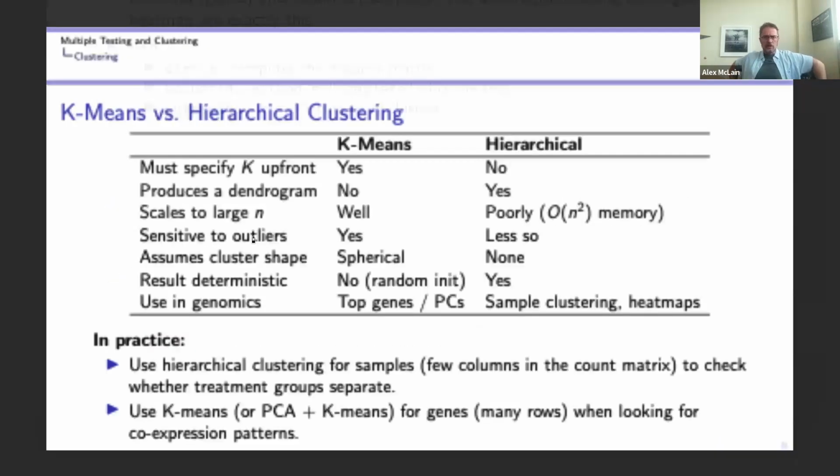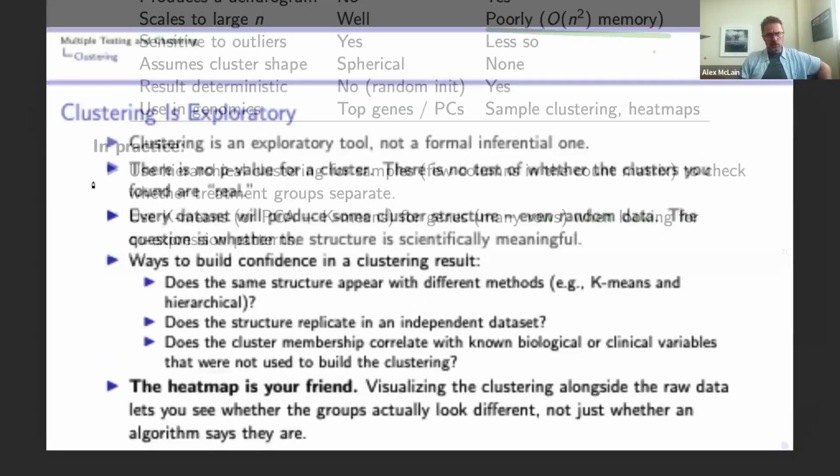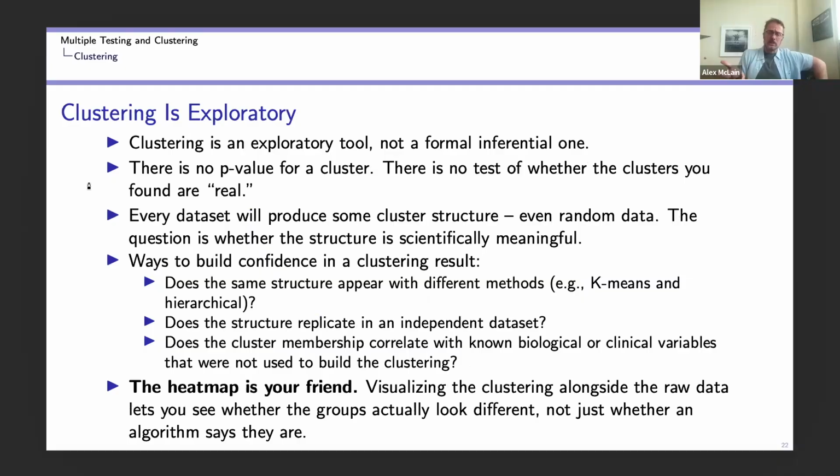Okay, so we're running up on lunch here. Little different, some comparisons between the k-means and hierarchical methods that we went over. The hierarchical method is going to be a little bit more computationally intensive, but not overly so. Other thing I wanted to go over, clustering is exploratory. It's not inferential.